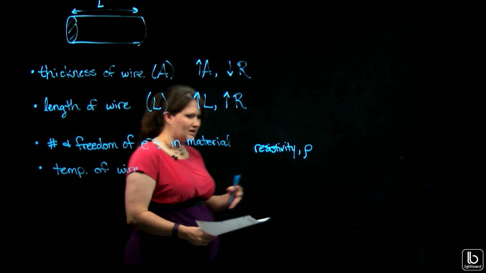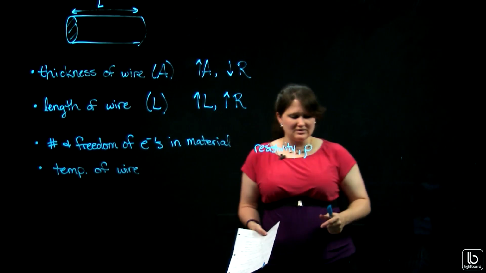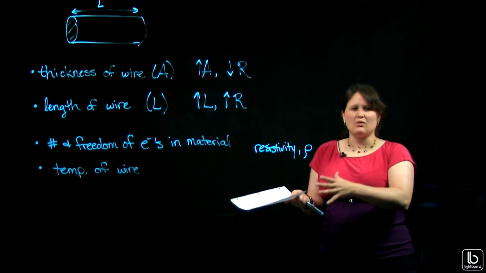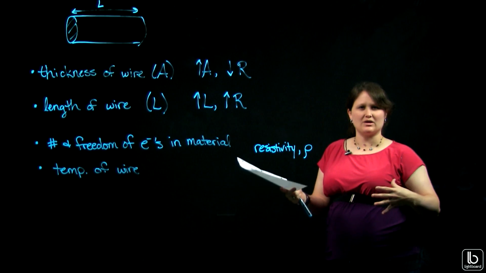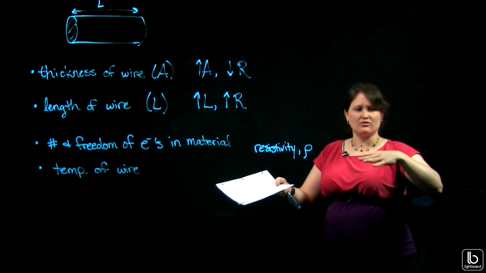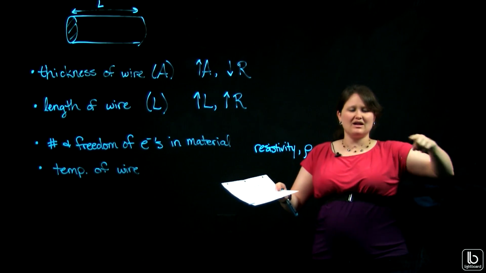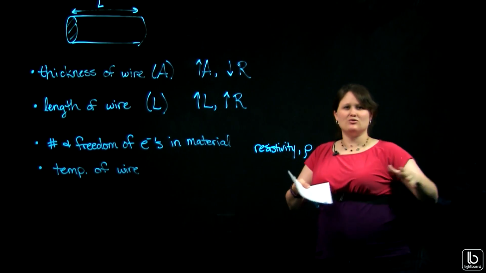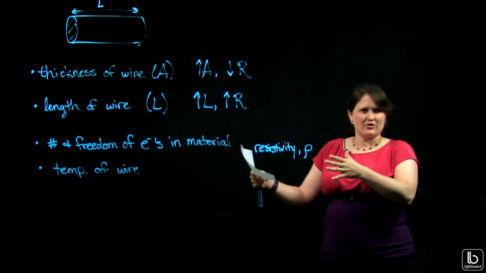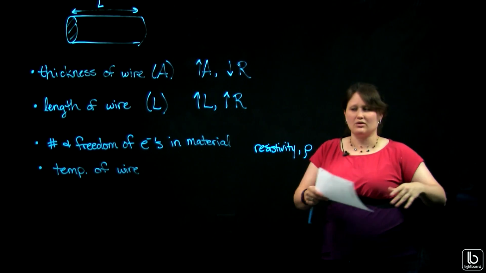Now, something to consider is that as electrons are trying to move through the wire, they're bouncing around and hitting things. And the more collisions you have, the more you bounce and hit things, the harder it is to actually get through.